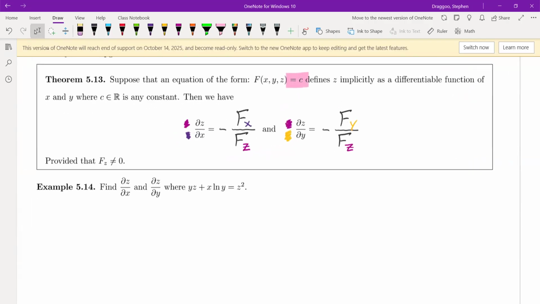Our goal was to upgrade our original implicit derivatives from Calc 1 to a Calc 3 idea. So that we'll mostly be looking at the derivatives of z with respect to x and y, because we'll be defining z, at least implicitly, as a function of the other two variables. That's our hope and our dream.